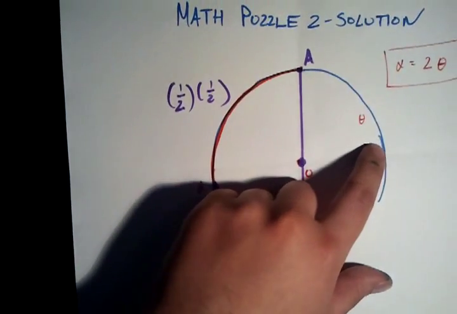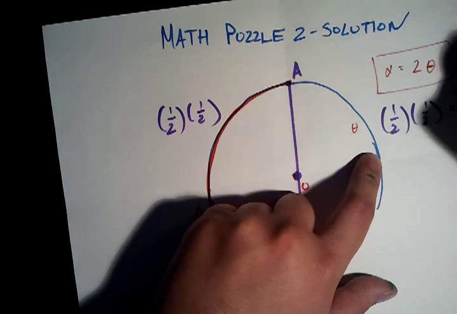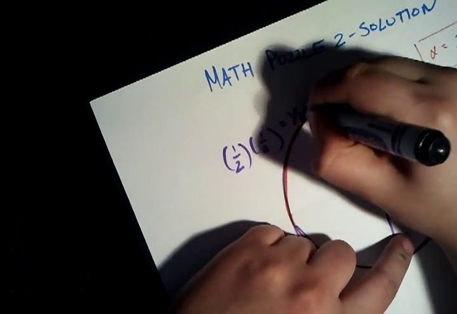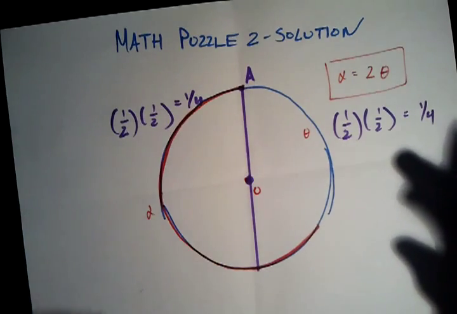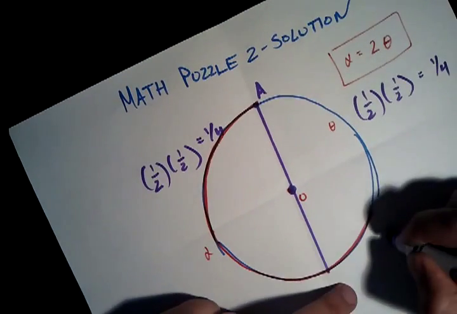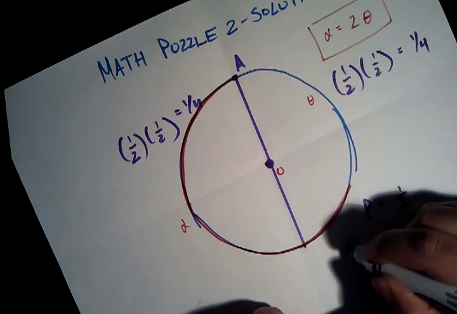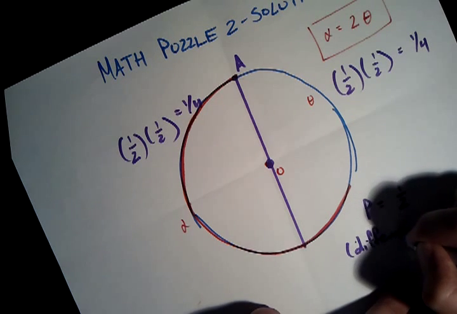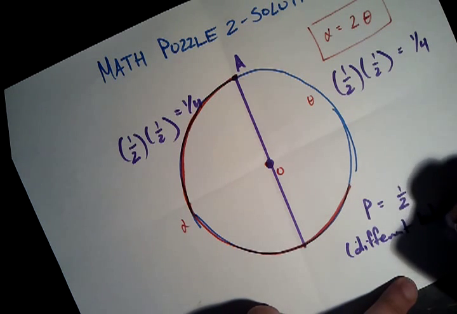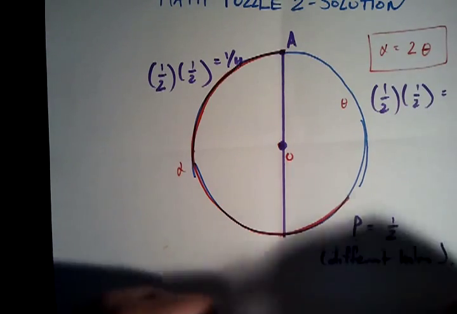The probability that they're both on this half is 1/2 times 1/2 equals 1/4. So add these together, you get 1/2. So it's the complement of 1/2. So there is a 1/2 chance that they are on different halves of the circle. That's the first part of our solution.